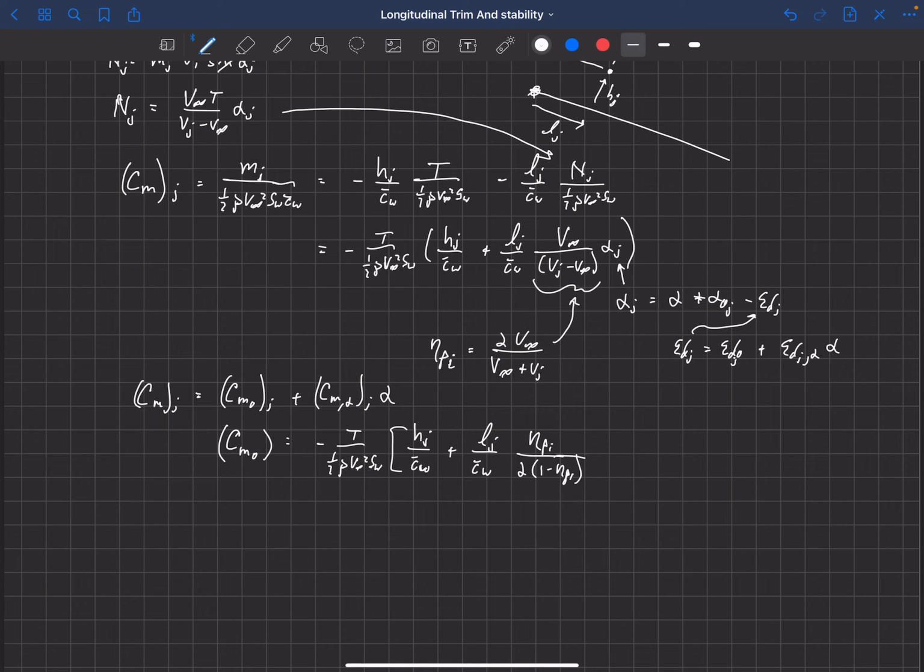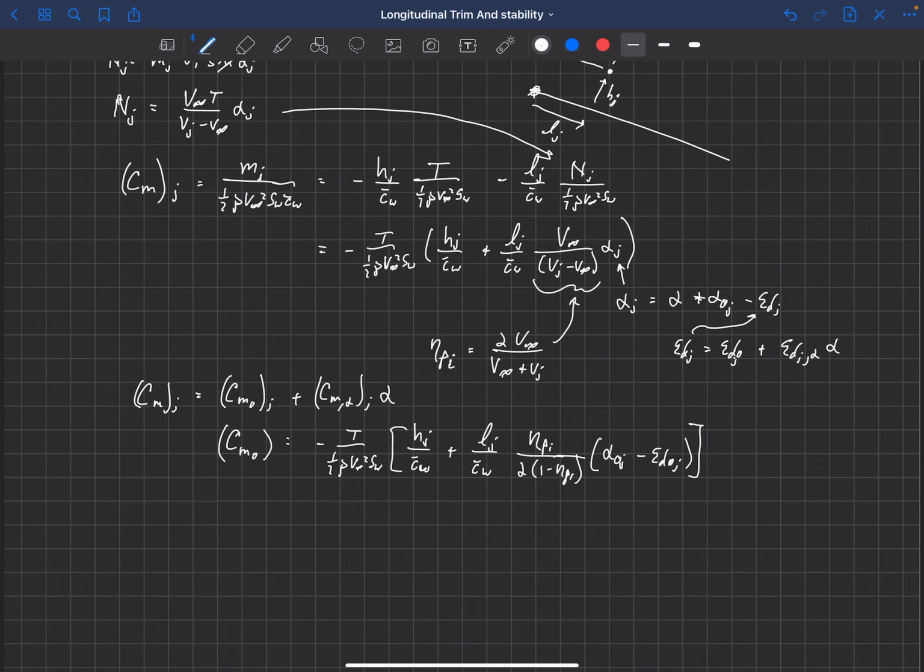That's the ideal propulsive efficiency. And then that's going to get multiplied by alpha naught j, so that's our mounting angle, minus epsilon d naught j, or the downwash at 0 angle of attack. Okay, so that's all of the stuff. That's our constant pitching moment.